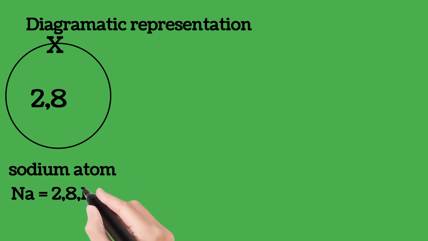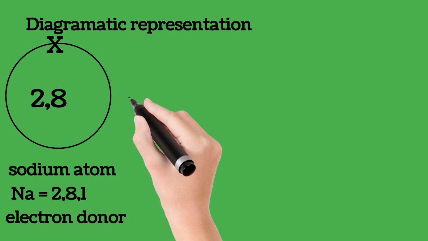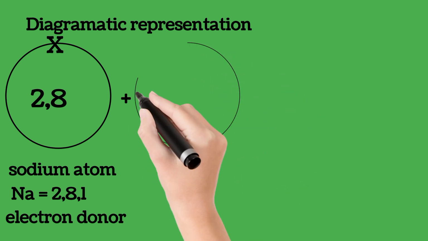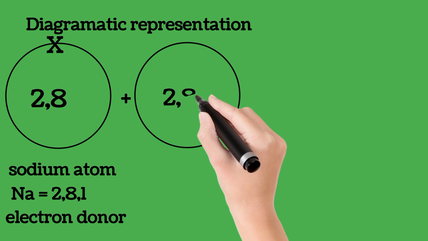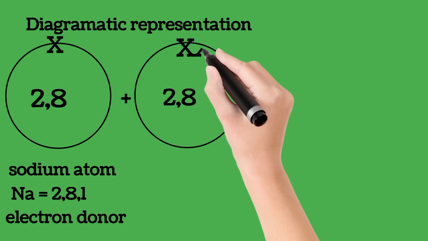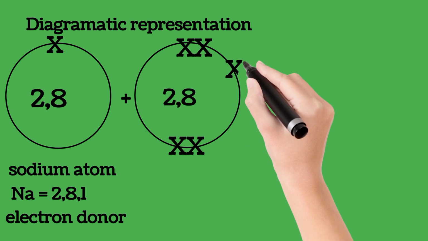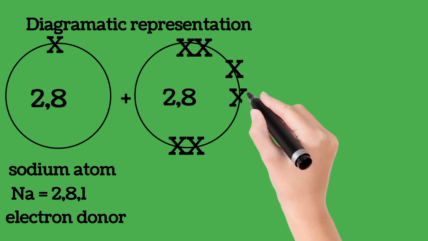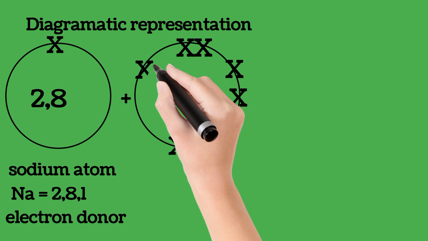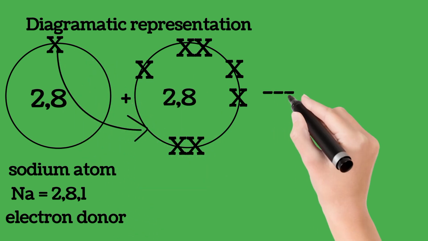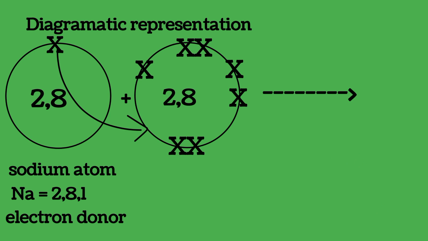Diagrammatically, if you represent this using the electronic configuration diagram, you see that the sodium has 1 electron in the outermost shell. That is electronic configuration 2,8,1. It is going to be the electron donor because you find it easier to give out this 1 electron. While chlorine, on the other hand, has 7 electrons in the outermost shell. And so because of that, it will prefer to accept 1 electron to attain the octet structure in the third shell, while sodium will give out 1 and fall back to the second shell to become what?